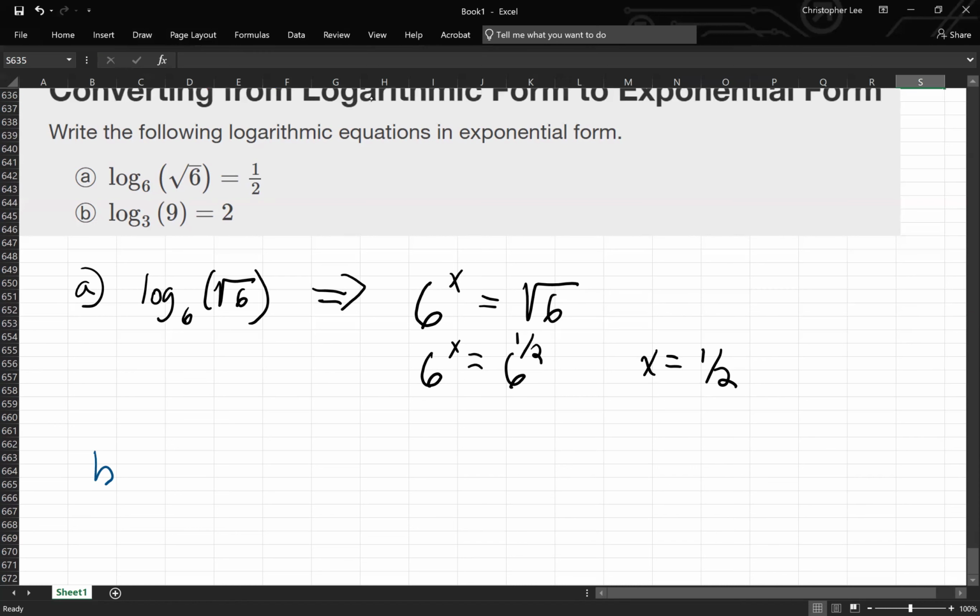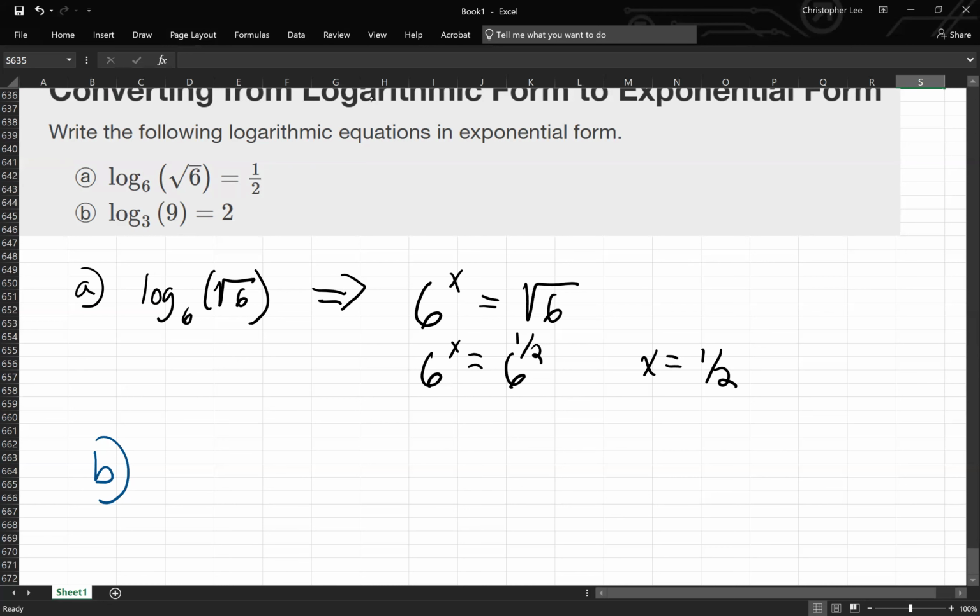Let's try the next one. For this one, they gave it to us, we just manipulate it. Basically, we're doing a conversion.